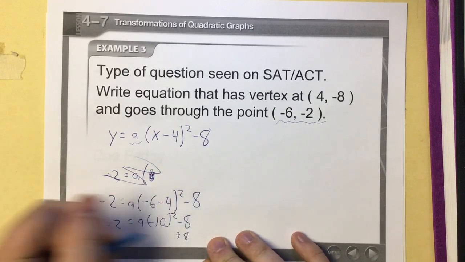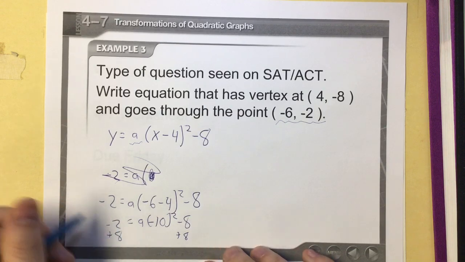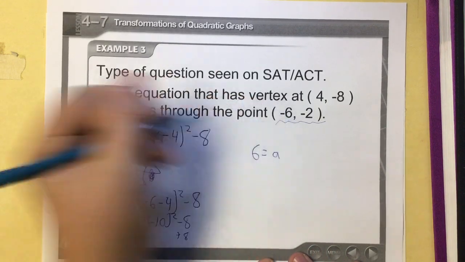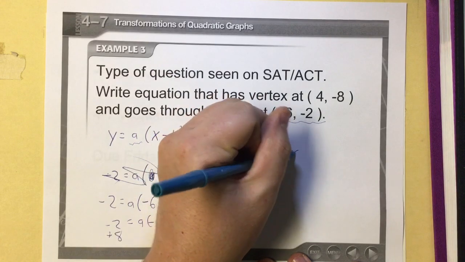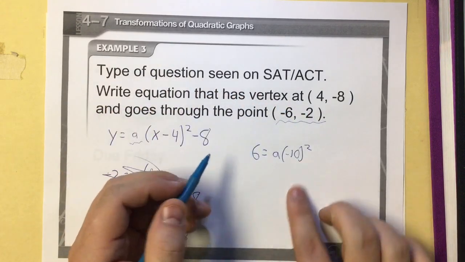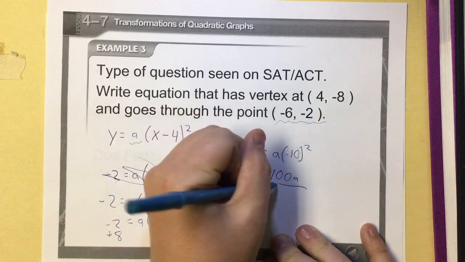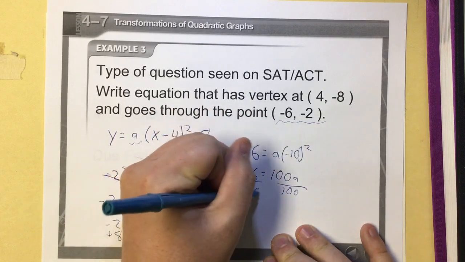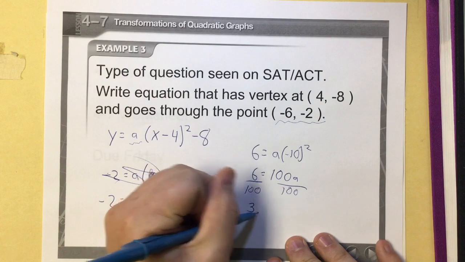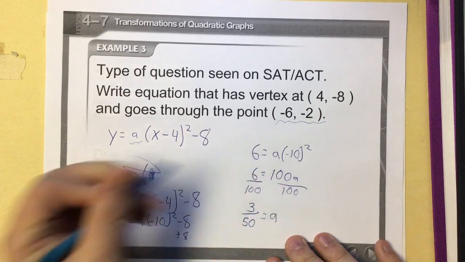Add 8 to both sides. Gives me 6 is equal to a times -10 squared. -10 times -10 is 100. So I have 6 equals 100a. Divide by 100, and I have 3/50 is equal to a.